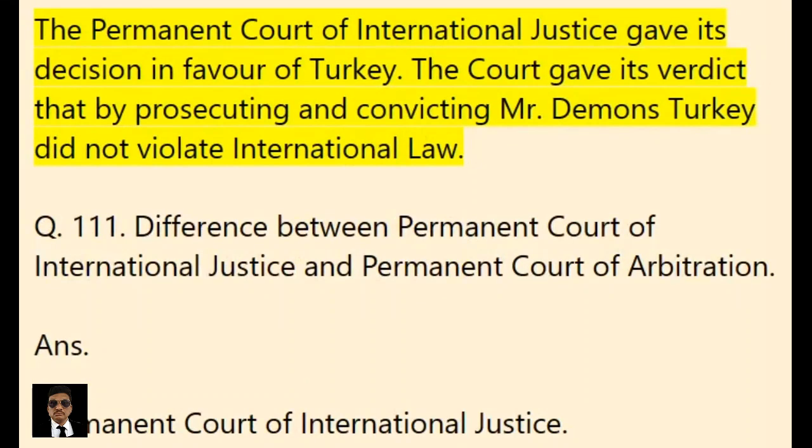The Permanent Court of International Justice gave its decision in favor of Turkey. The court gave its verdict that by prosecuting and convicting Mr. Demons, Turkey did not violate international law.